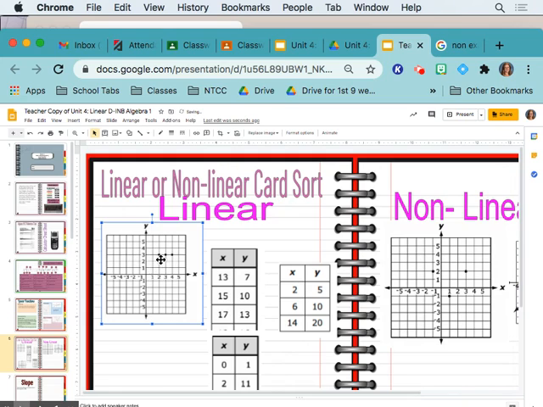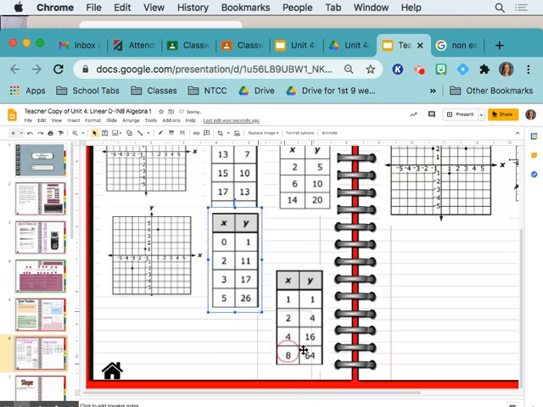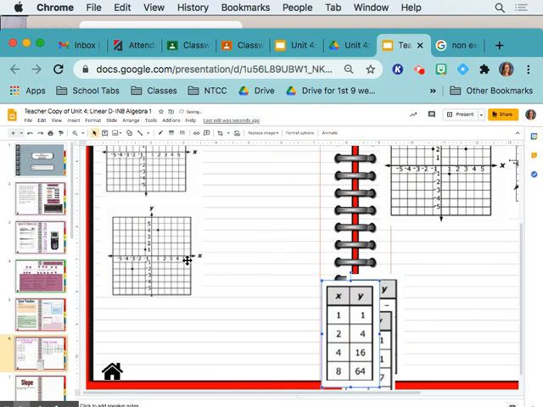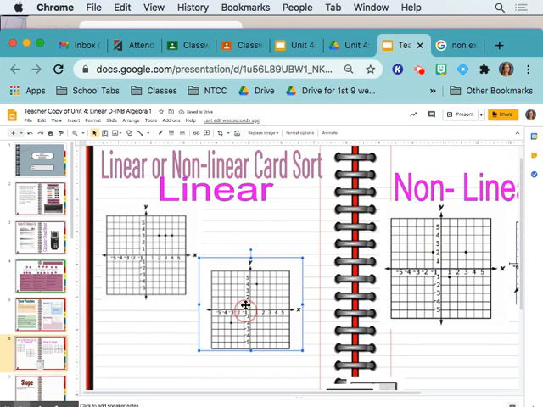What about this one? We have 3 dots in a row. Linear or nonlinear? It's linear. We could connect them with a line. Okay, and then this next one. So I'm going to just move these tables all on top of each other over here. So this is also linear.